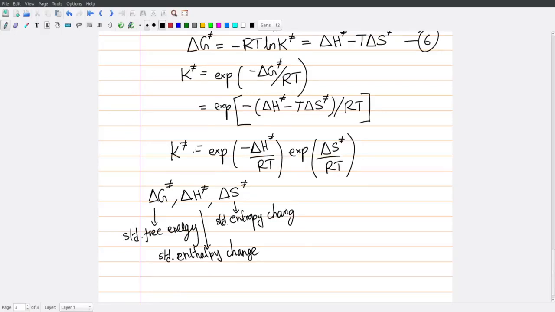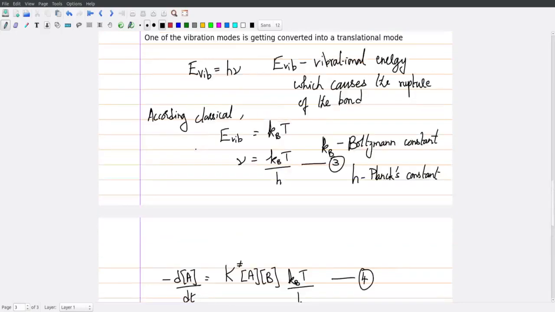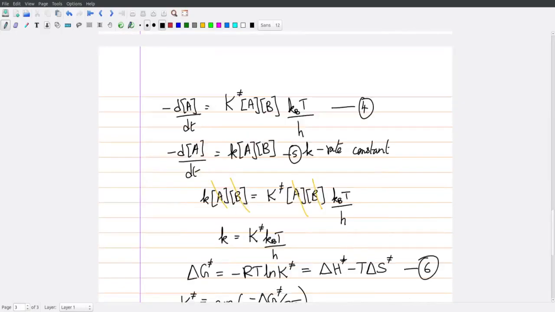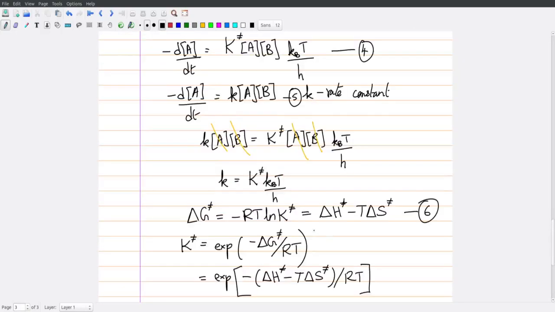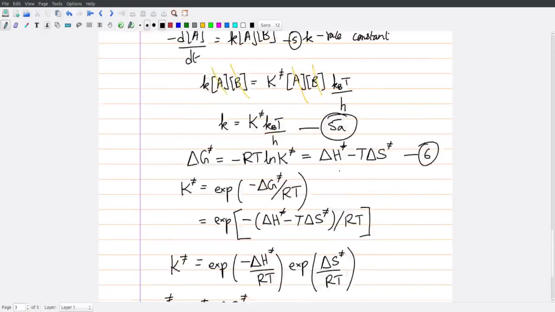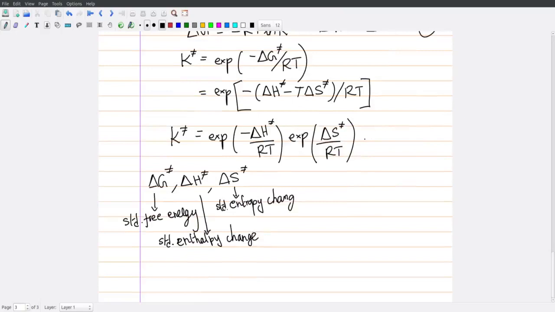Now let's compare this expression with the one that we had earlier. I forgot to put an equation number, so let me call this phi a. Now if you compare phi a with 7, you can replace this k dagger with the rate constant.